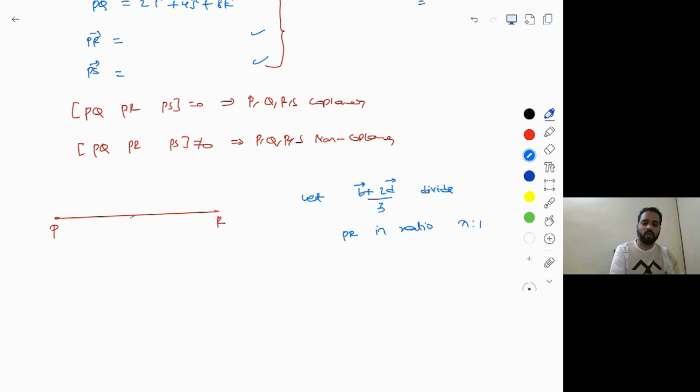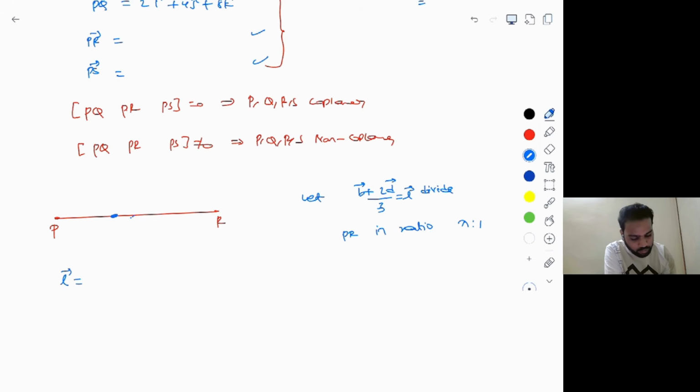We know how to assume an unknown ratio and then substitute into the section formula here, right? So let's do it in this method and let this vector be some L bar. So I'm assuming that L bar is dividing this PR in the ratio lambda is to 1. And we know how to apply the section formula here.